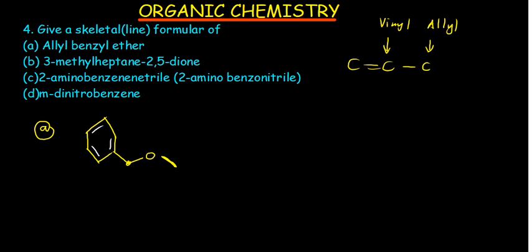So like that, there's a carbon at this point. There's no carbon here because that's where oxygen is being attached. Okay, it should be bonded to another carbon which is here, and this carbon has got a double bond. So like that. So this is allyl benzyl ether.